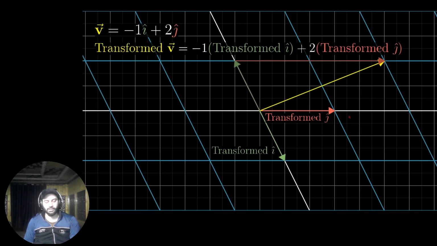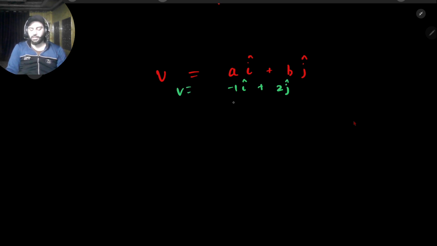Initially, this v was some combination a of i cap plus b of j cap, and in this particular case, it was -1 of i cap and 2 times j cap. This was our v initially.